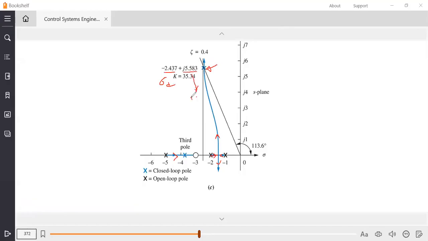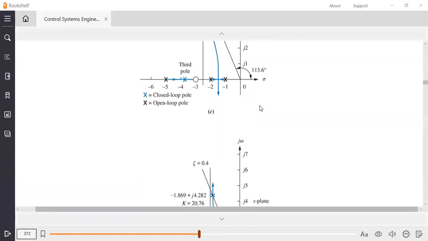That gives you the value of ts as 4 by sigma d, and omega d gives you the peak time, pi by omega d. So we'll see one by one: the zero at -2, the zero at -3, and in the last figure, by shifting it further.